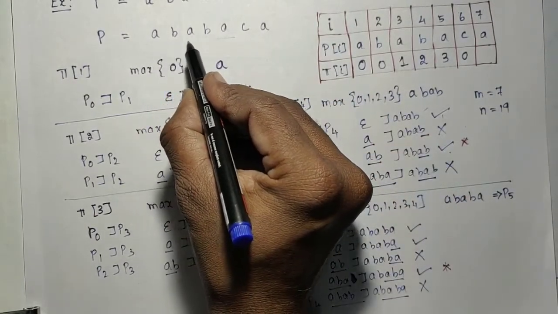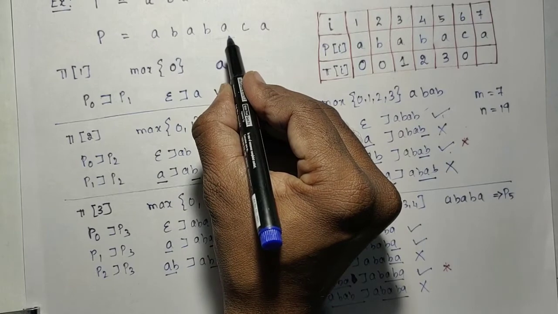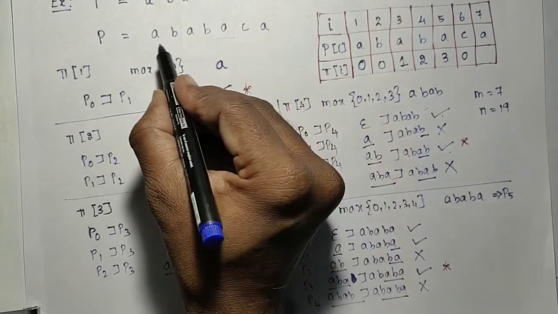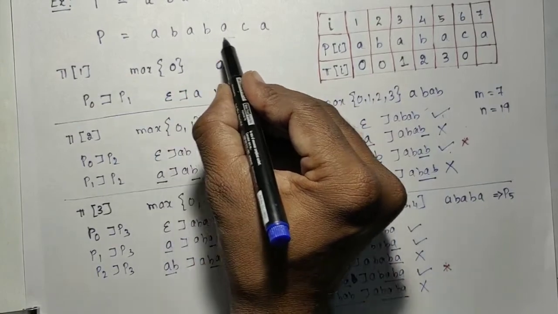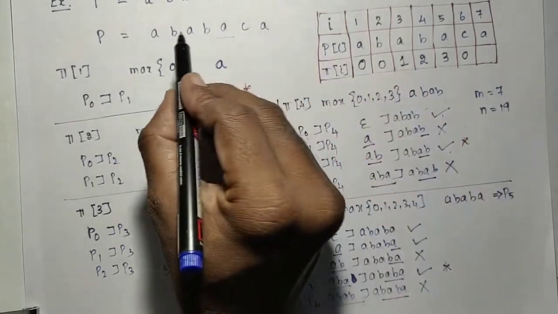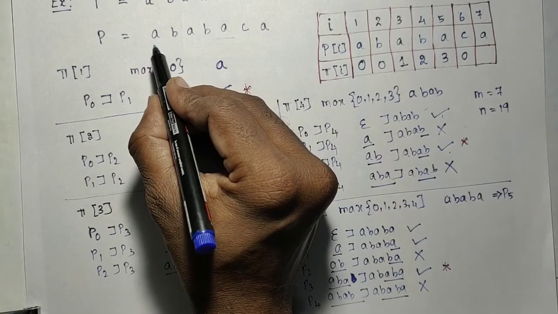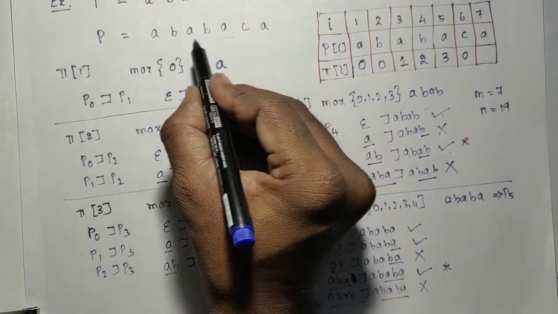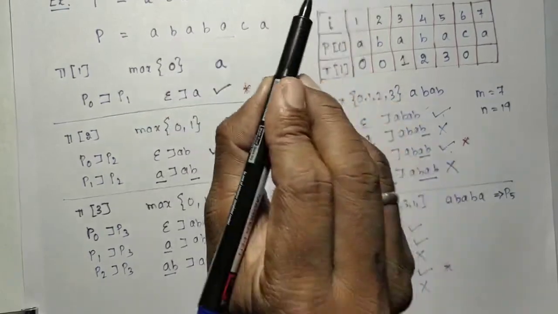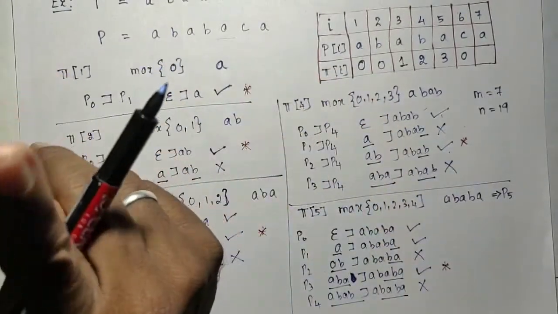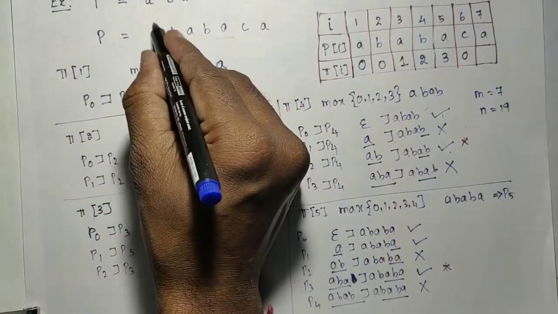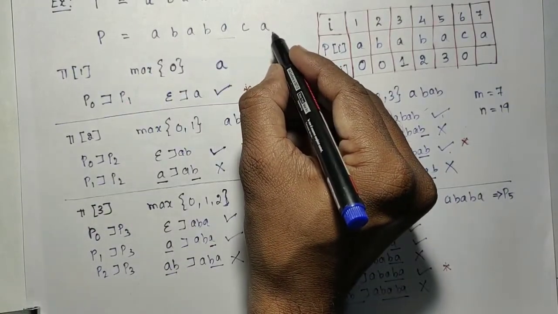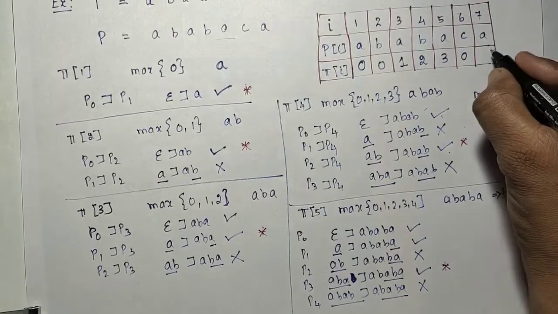First 5 characters ABABA, last 5 characters ABACA, no match. Then first 6 characters ABABAC, last 6 characters start with B, so no match. So far the maximum is 1. That is, the first character is a suffix of the full string.